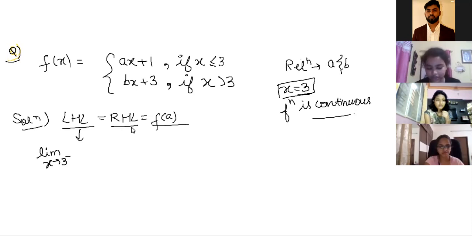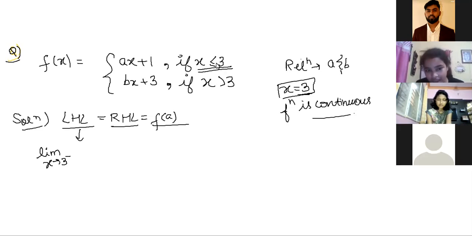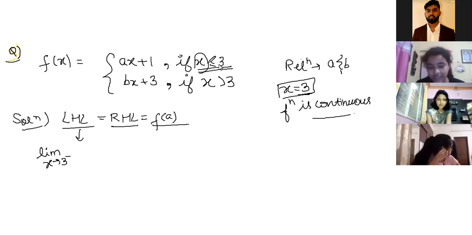And why we'll write it? Because here we are writing 3 minus, which means that the value of x is less than 3. Or it can be equal, but it is less than 3. So in this particular case, the value of x is less than 3. That's why we are writing this function over here.